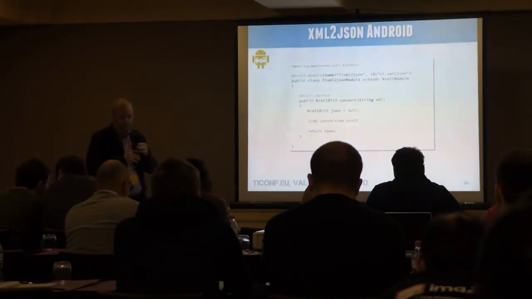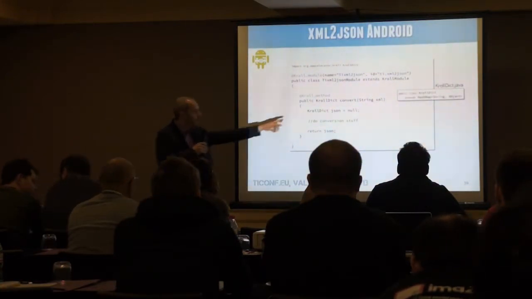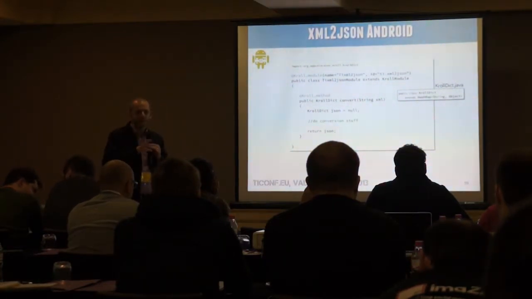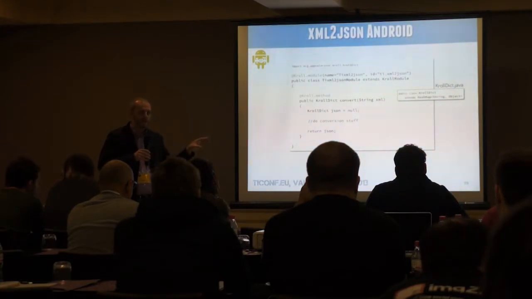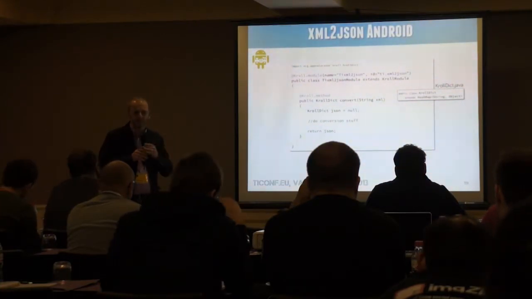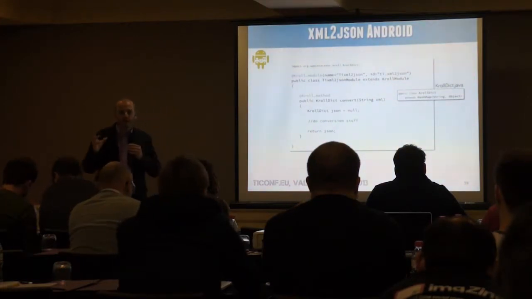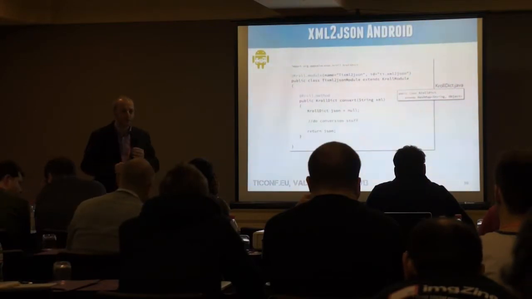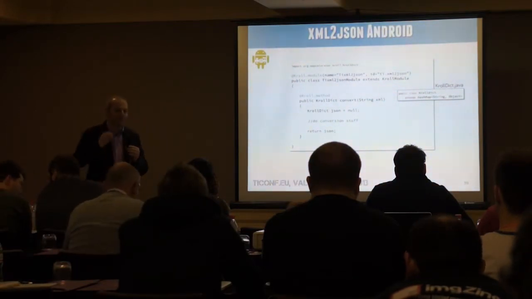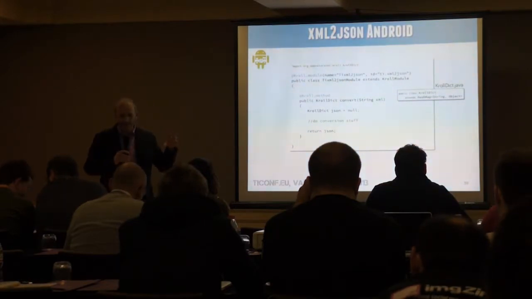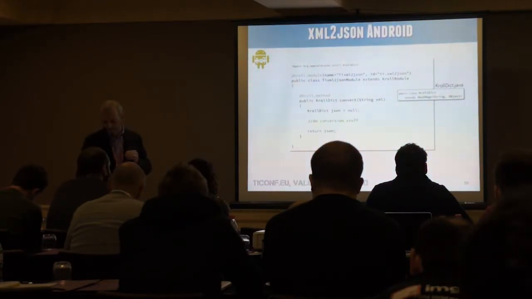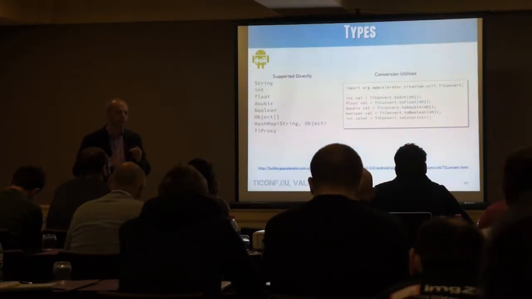The KrollDictionary that is reported here is basically a hash map, which associates a string key to an object value. And what you will have in JavaScript land is actually a JavaScript object, the one you write with the brackets and string colon object. And here it's the same.